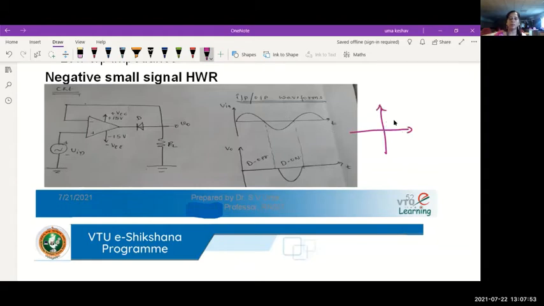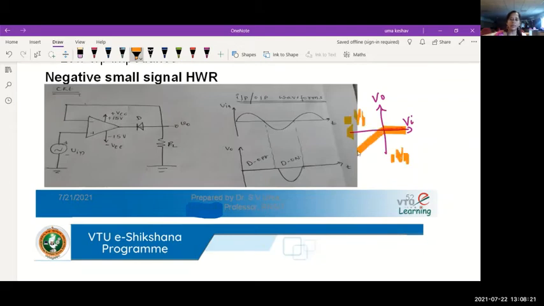When Vi is positive, no output. When Vi is negative, I am getting negative output, which means which quadrant? Negative Vi is here. Negative V0 is here.